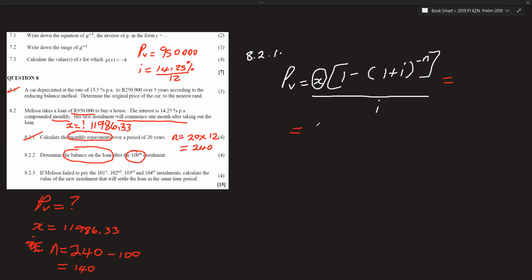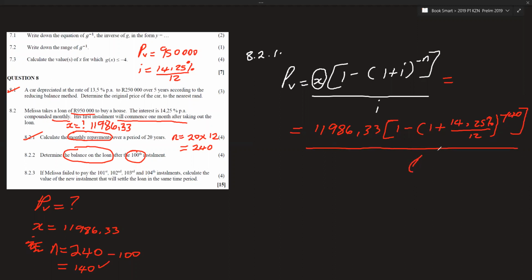My x is 11986.33 in bracket, 1 minus 1 plus the interest, which is 14.25% over 12, to the power of negative 140, which is your outstanding payments, all over your interest, which is 14.25% divided by 12. Then that should give us the answer.